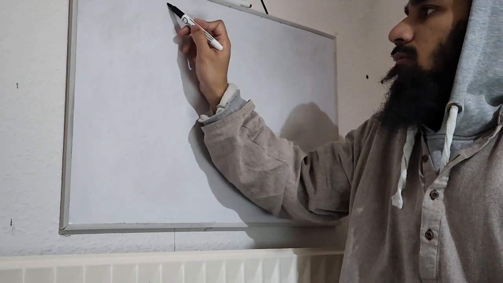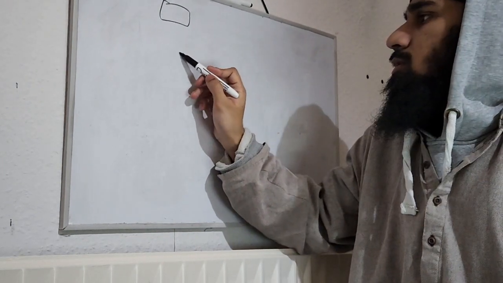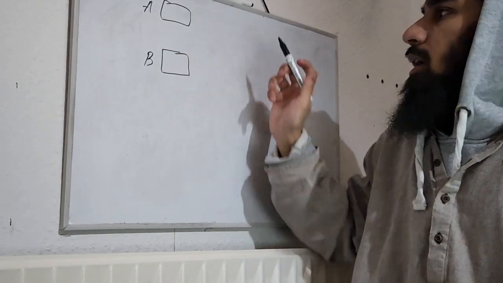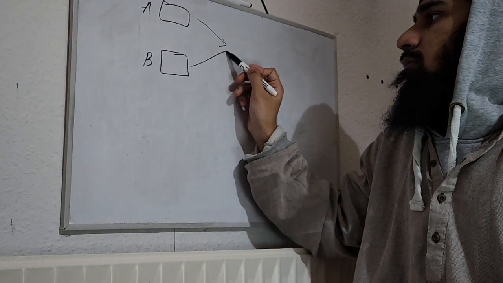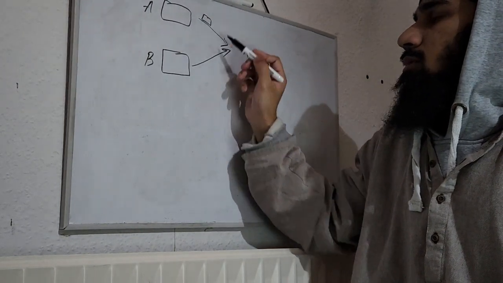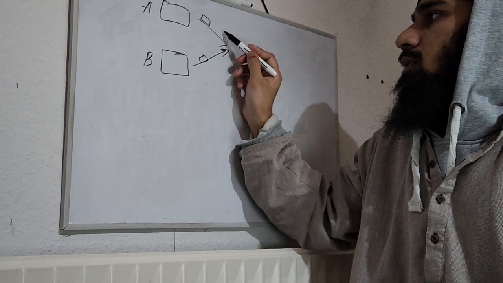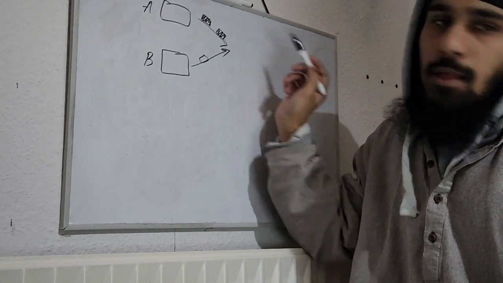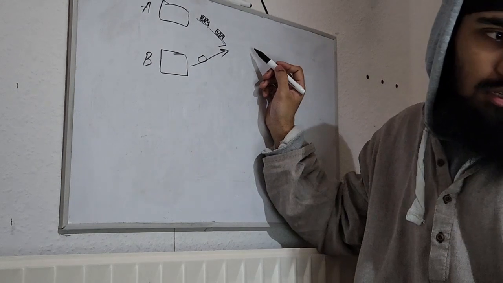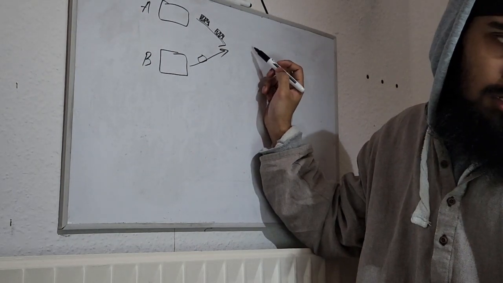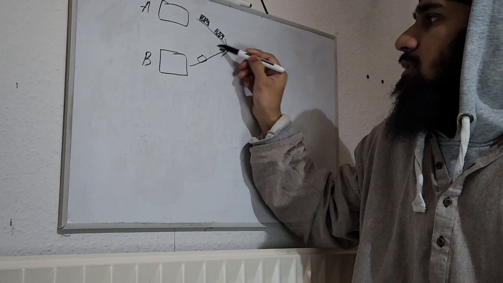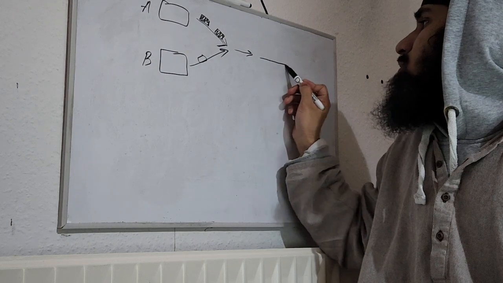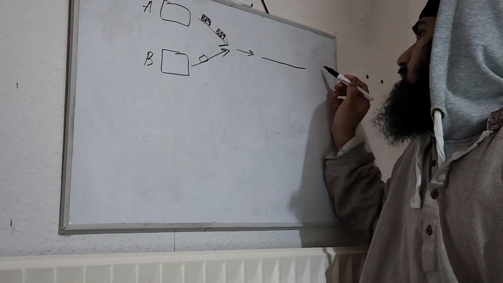Let's say you have computer A and computer B. Computer A is sending information as packets. Let's say the packets for A are colored. It's traveling this way, and then this way, and then it's going to travel through that line to maybe a router.